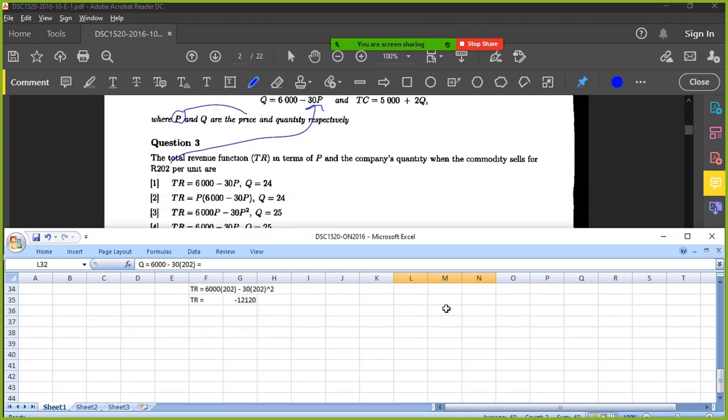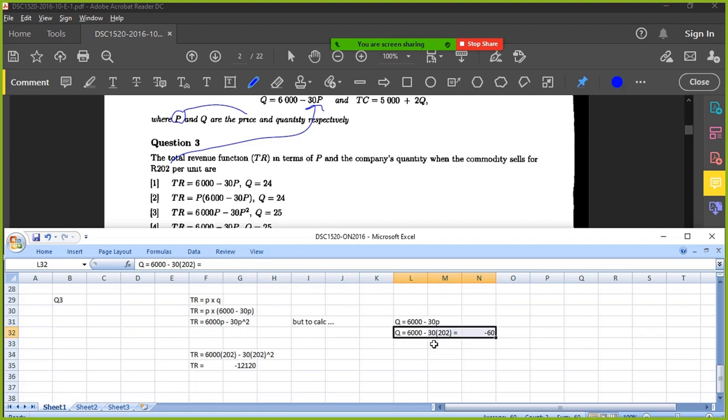So if we're looking at quantity as 25, let's see, 25 equals 6,000 minus 30p. If we were to solve for p here, we would have 30p equals 6,000 minus 25.